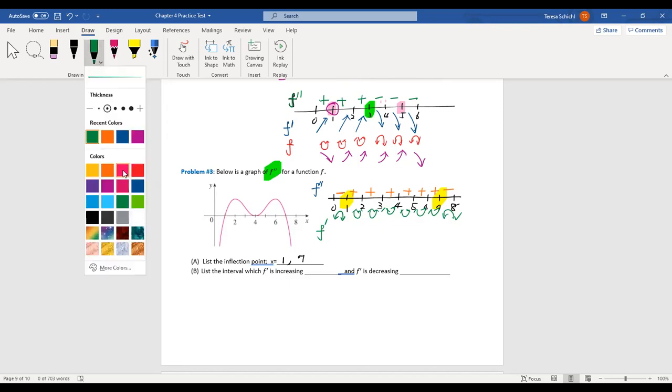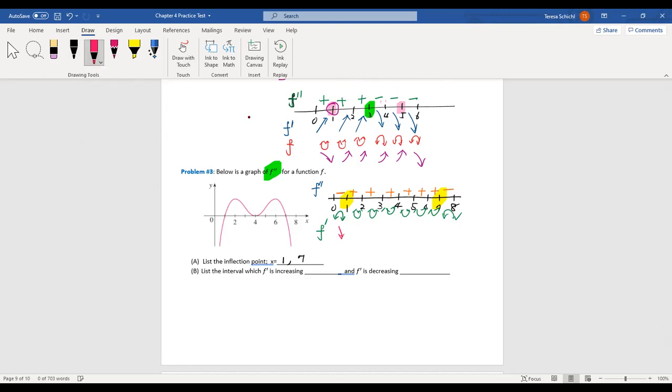So f prime is increasing from 1 to 7, and decreasing from negative infinity to 1, and from 7 to positive infinity.